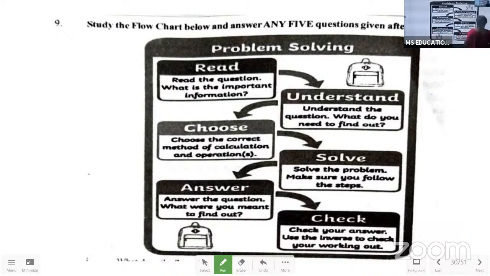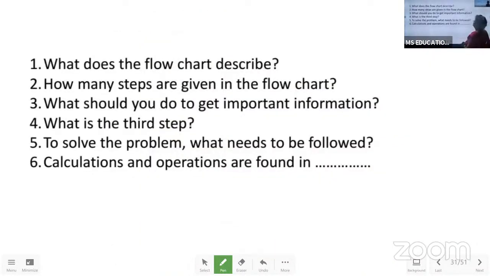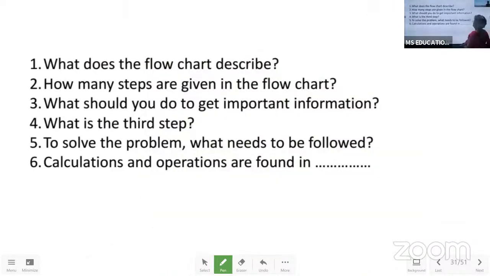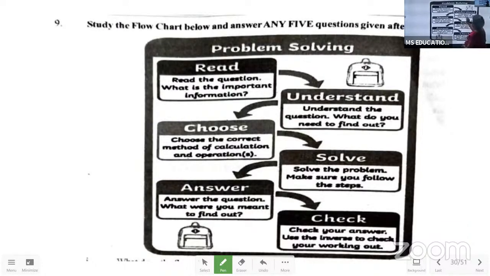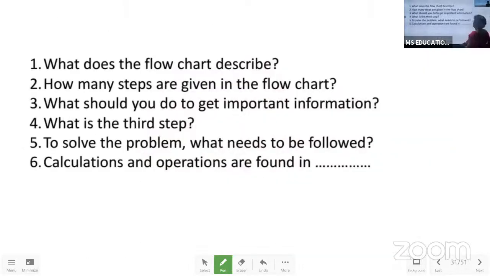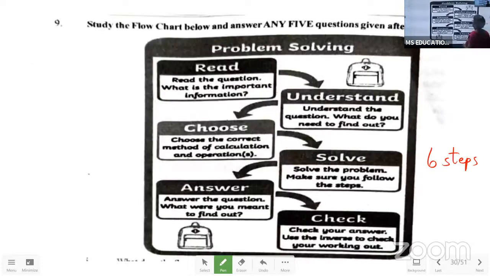Now come on, next is, what does the flow chart describe? Very easy. It is problem solving. It tells you how to solve the problem. How many steps are given in the flow chart? 1, 2, 3, 4, 5, 6 steps. What should you do to get important information?